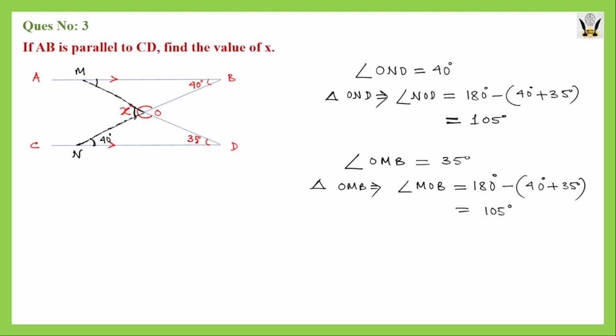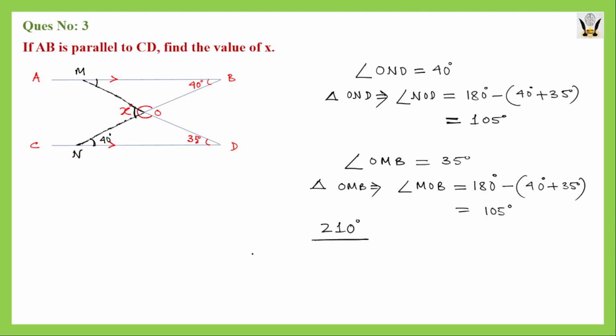Now what we can see here is the summation of these two angles is what? 105 plus 105, this is 210 degrees. Now the total angle is 360 degrees as we know, and these angles MON and BOD are vertically opposite angles, so they are again equal. So their summation will be what?